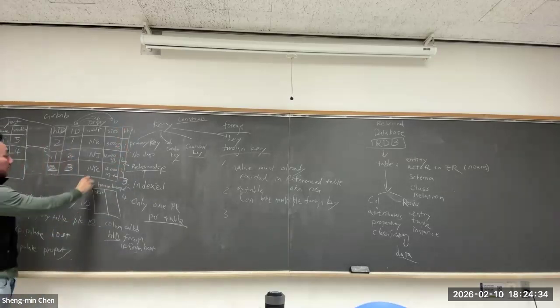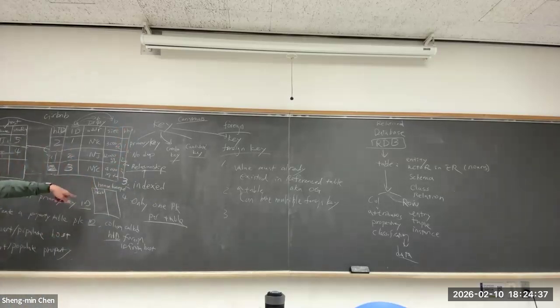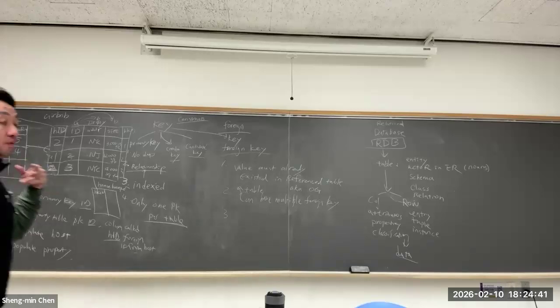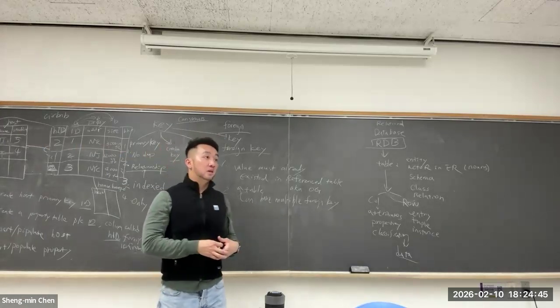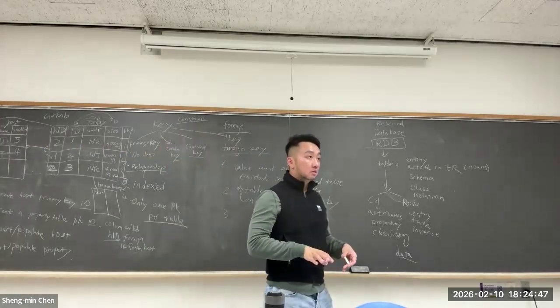That is just a very easy example to show you that foreign keys can have more than one in a table. Now, primary keys never.